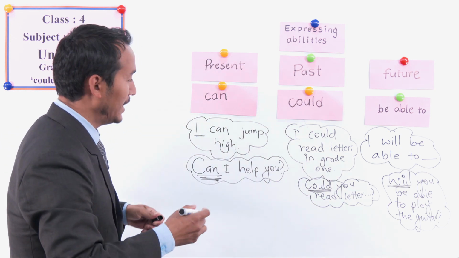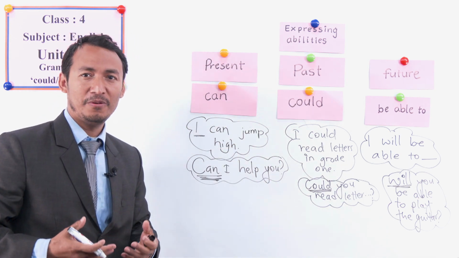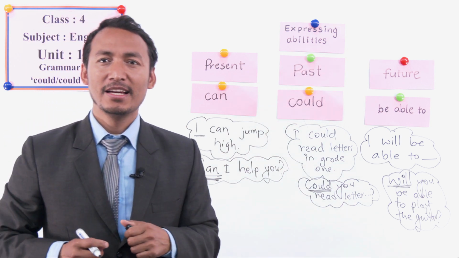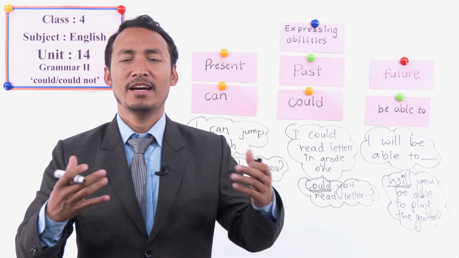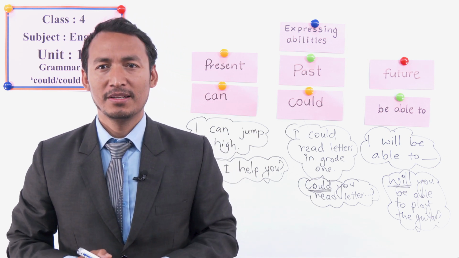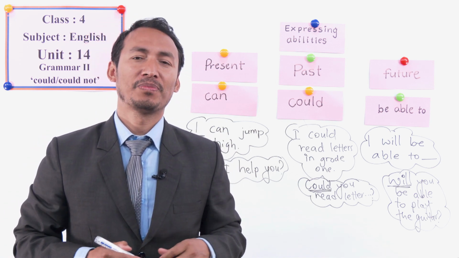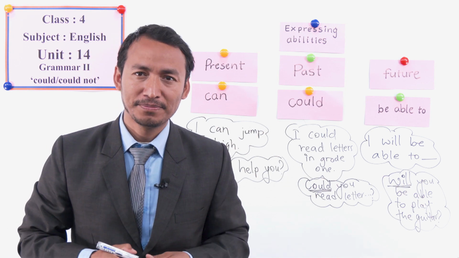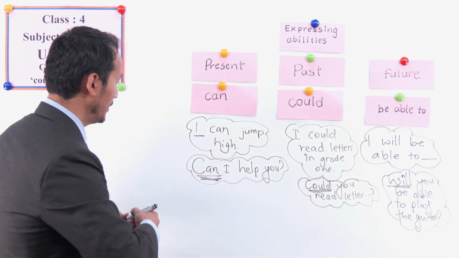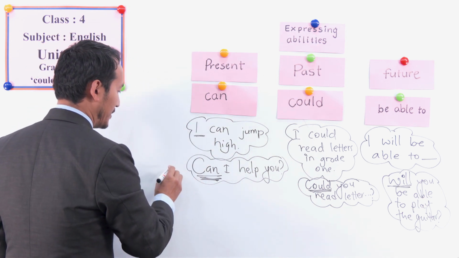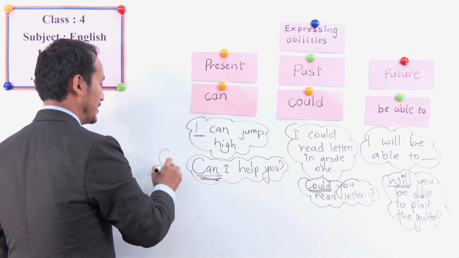Okay, students, and if you can't, if you have no abilities, you may not do everything. For example, you can't now drive a car, you can't ride a bicycle or bike, you can swim maybe. So you can use negative. This is questions, okay?